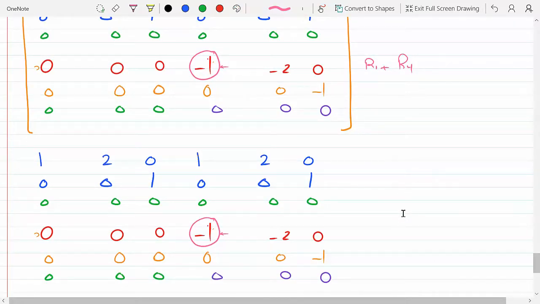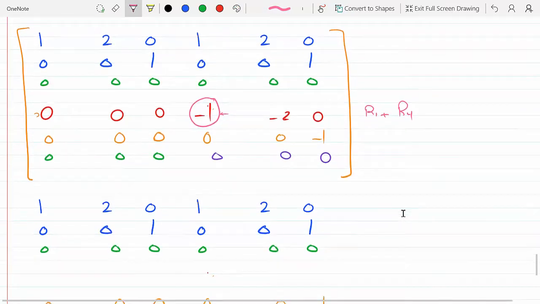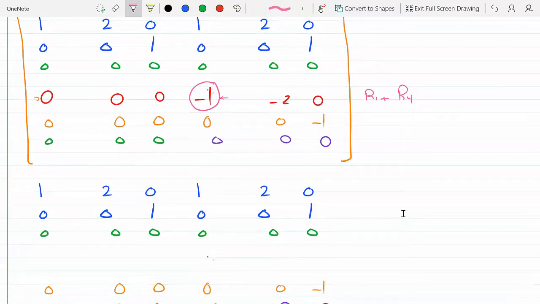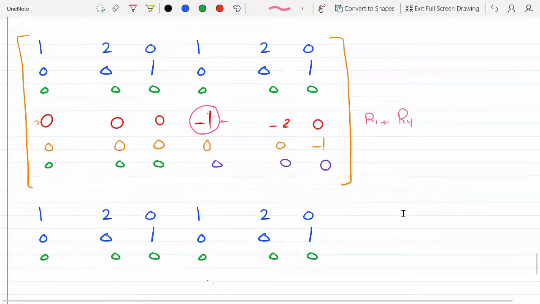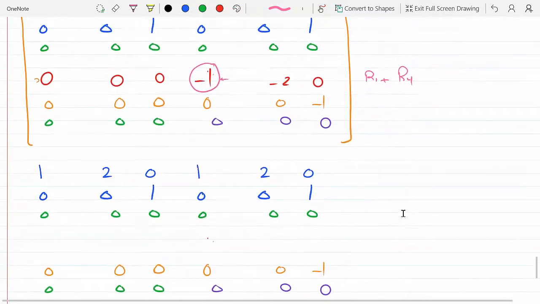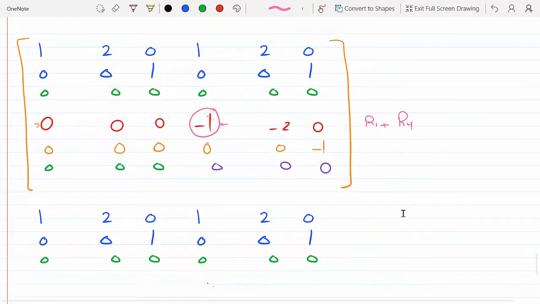So now row number 4 will become, so let me erase row number 4. So I'm adding row 1 to row 4.